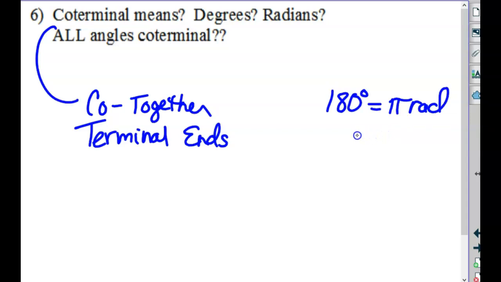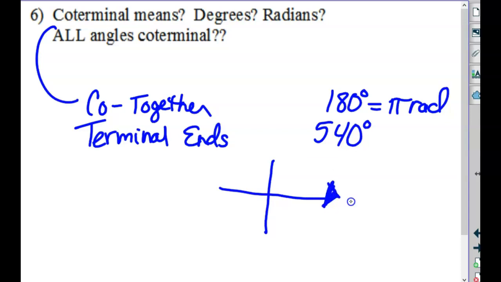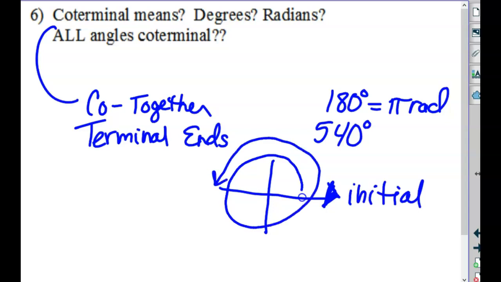But I could also call that 540. Does that sound right? If I went around, do you remember which way positive goes, guys? Yes, we start from here. The initial ray is always the positive x-axis, and it goes this way. If I went all the way around once and to here, that would be called 540 degrees.